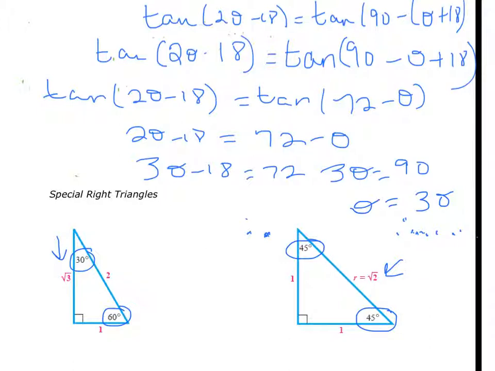So let's talk about the trig functions of those two. When we're talking about the trig functions of those two, and we have our triangle, so let's start with our first one. We have 30, 60, and 90, and then we have 1, square root of 3, and we have 2. Remember, we're just going to find the first 3. You can find the others.